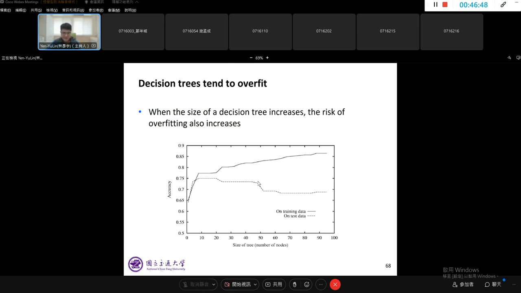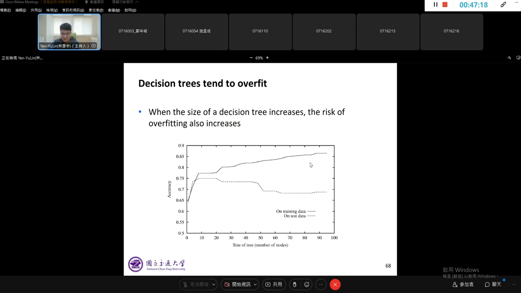On the other hand, as you can see in the learning curve of the testing data, you might find that after selecting the first 20 nodes, after this threshold, the performance decreases when we construct a larger decision tree.